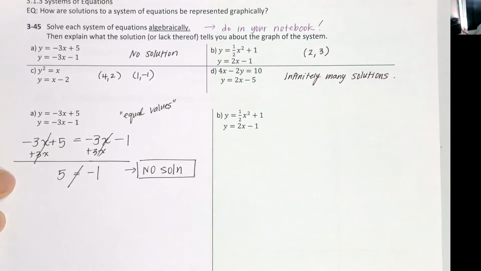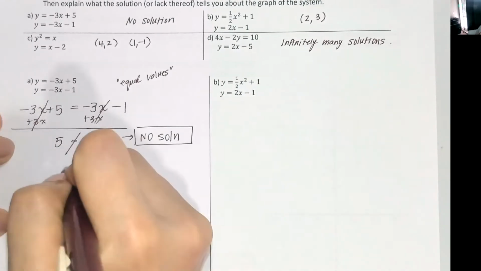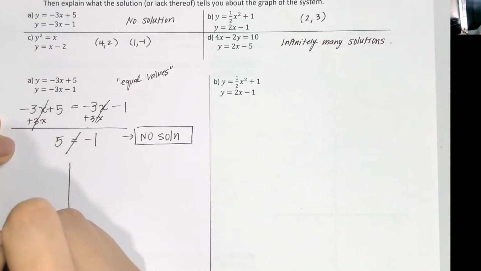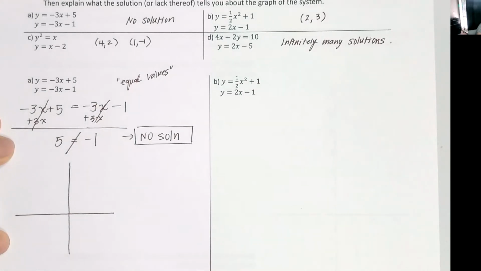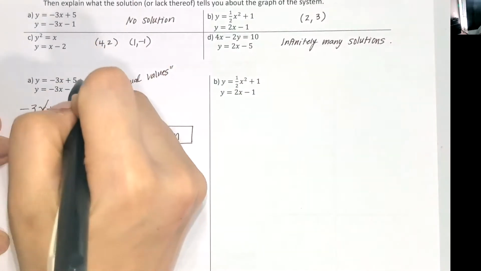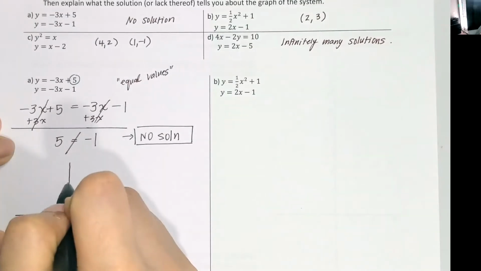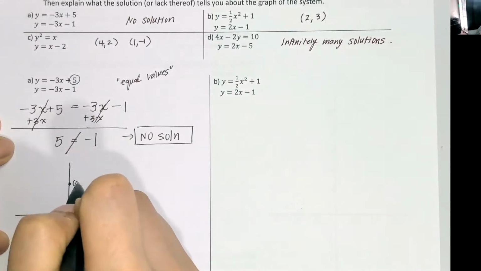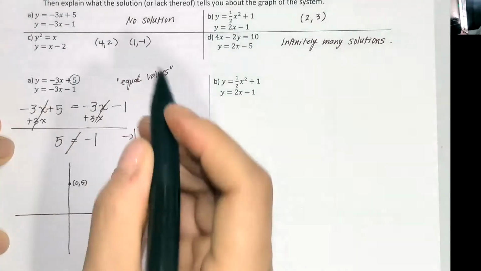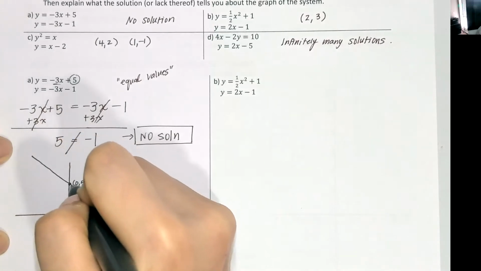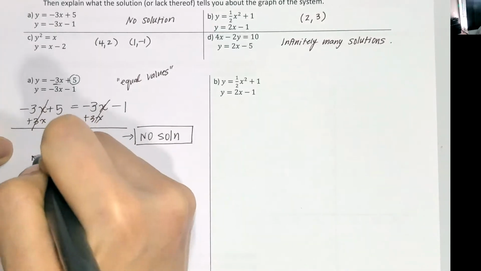Now, graphically, what this means is that you have two linear graphs. The first one has a y-intercept of 5 and a slope of negative 3. So let's assume that it looks something like this.